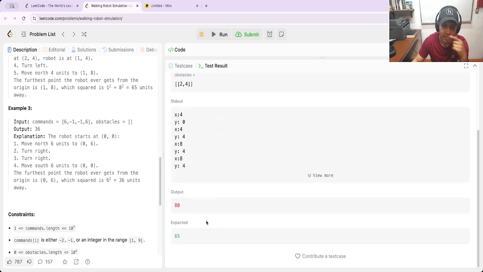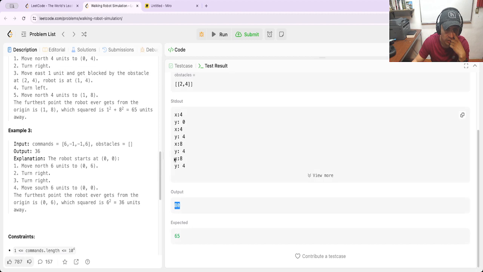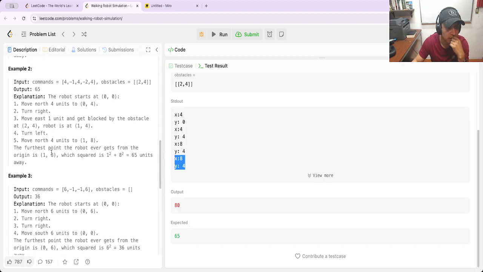But here and here is 8. What 18? Okay, the last point is x 8 and y. Yeah, this is wrong. Y is wrong because it should have only one.